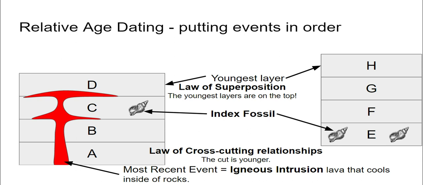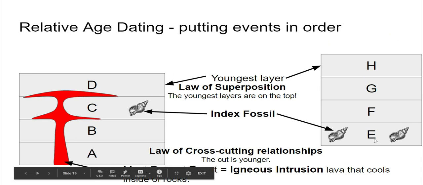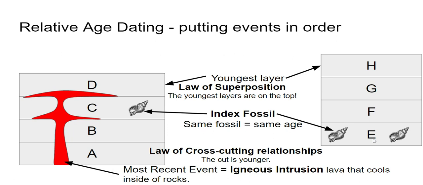If you see the same index fossil in different locations, you know that the age of those locations is the same. So in this instance, layer C and layer E are the same age, even though C occurs at a higher level than E. If you see the same index fossil, you know that those rock layers are the same age.